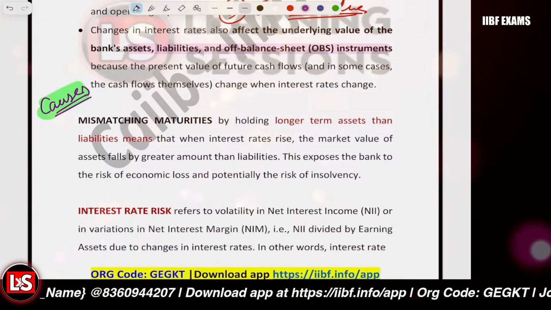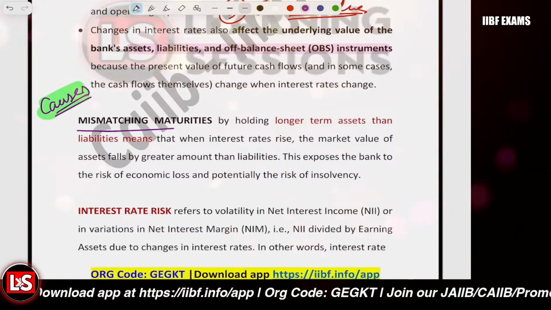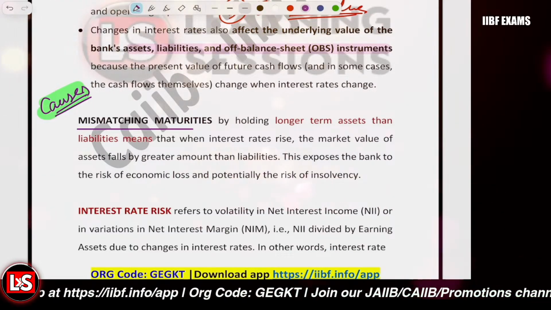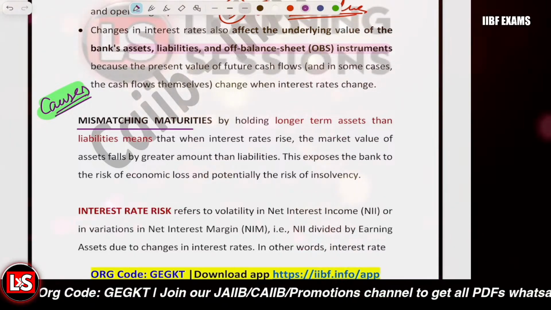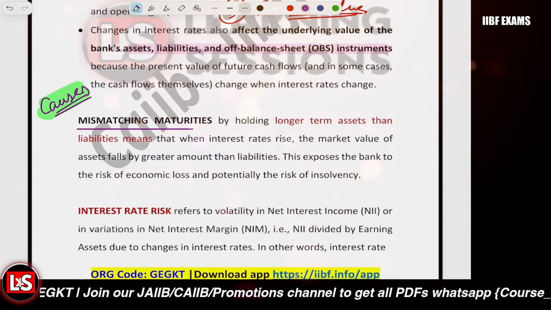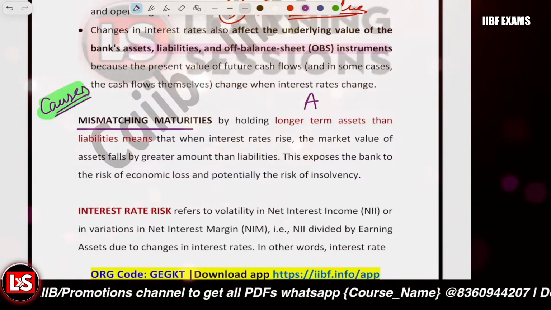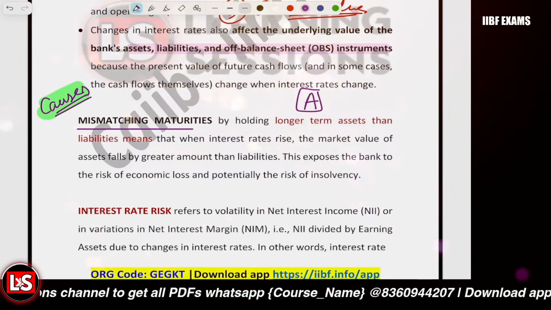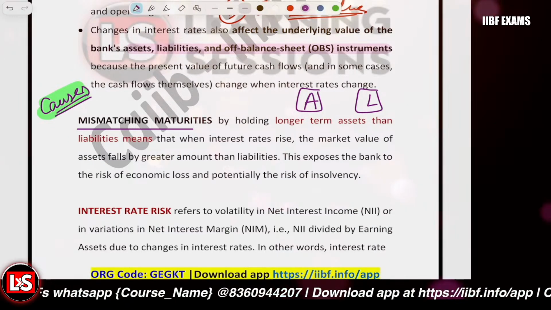The first one is related to maturity mismatches. Like if you're holding long-term assets, or let's say asset or liability maturity or repricing is not matching. You're having an asset, let's say a loan, and a liability, that is a deposit.